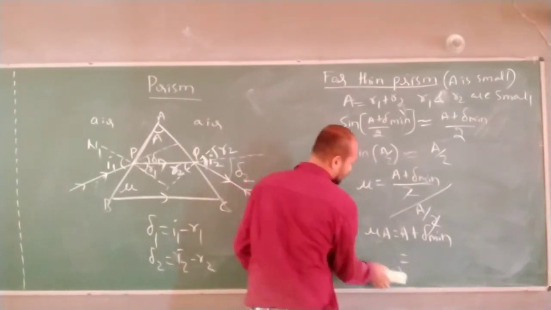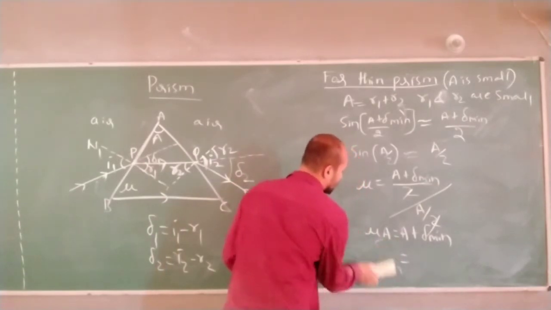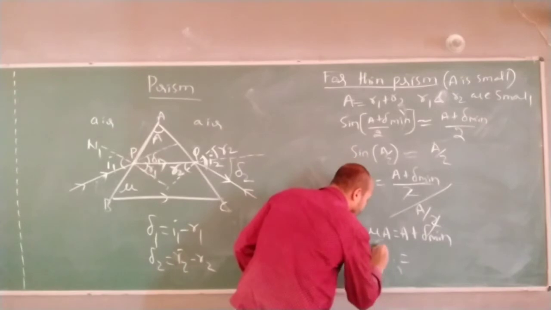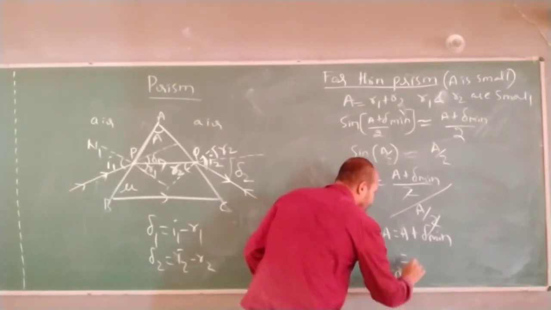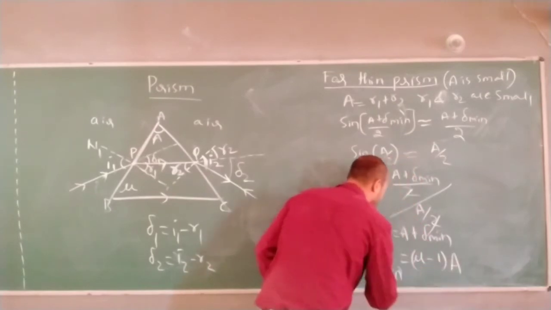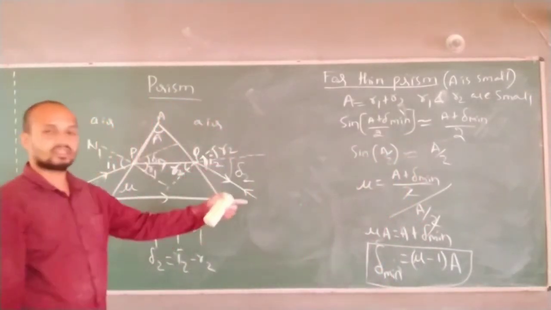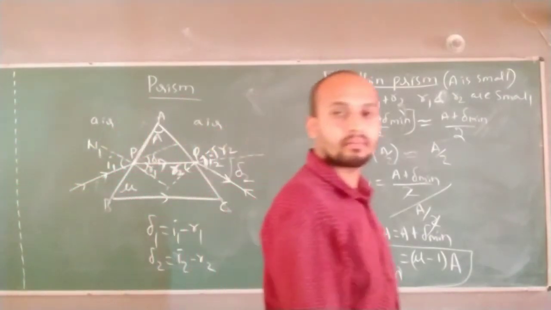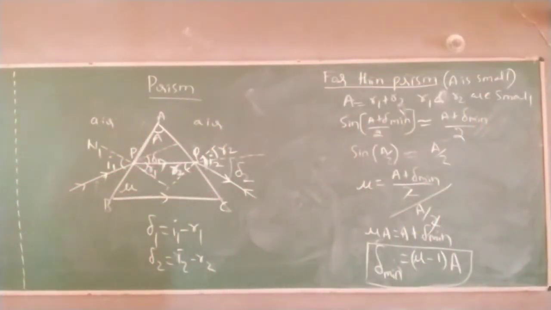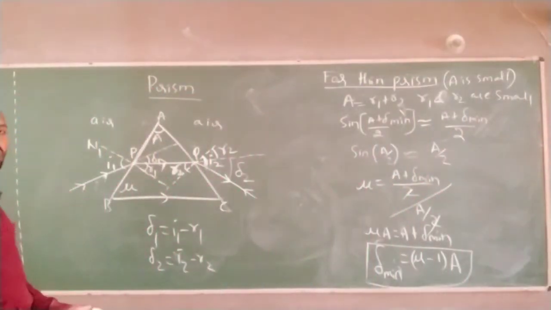Minimum deviation will be equal to mu minus 1 into A. This is also a very important relation for us. Minimum deviation for a thin prism is δ minimum equals mu minus 1 into A, where mu is the refractive index of the glass prism. This is one of the results.